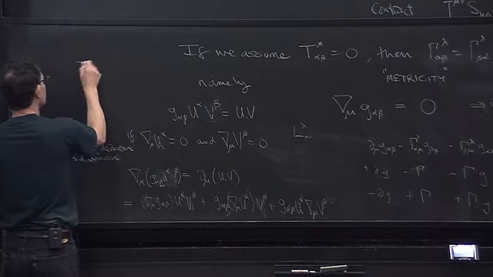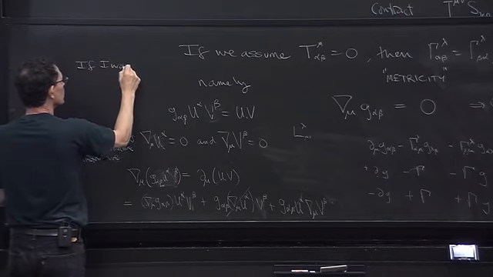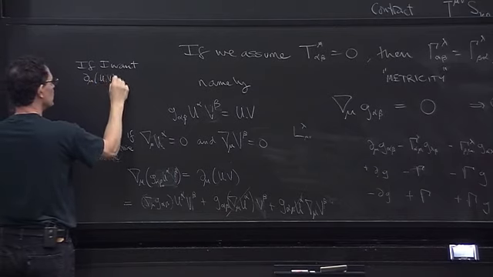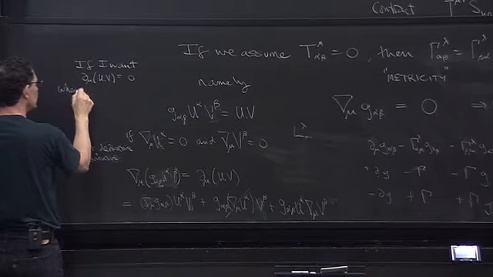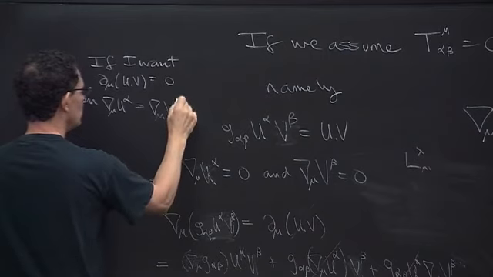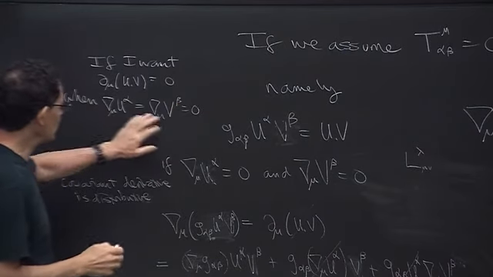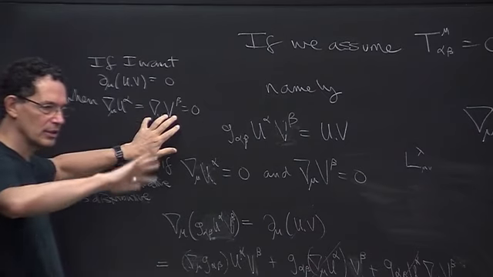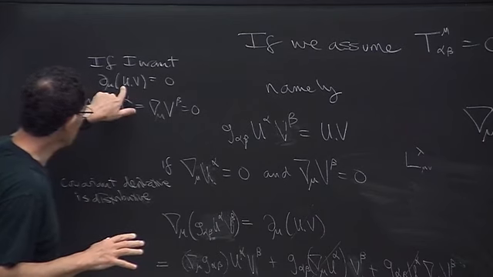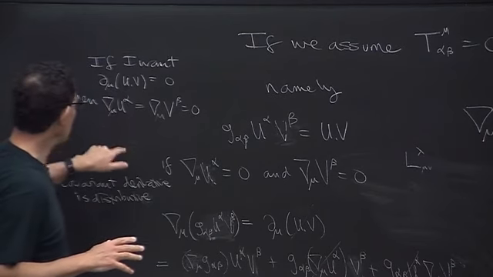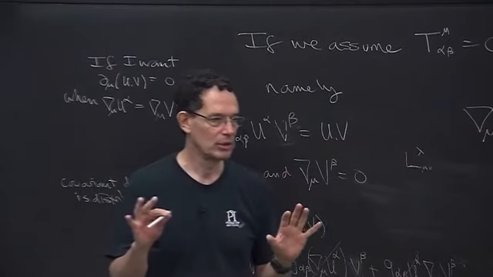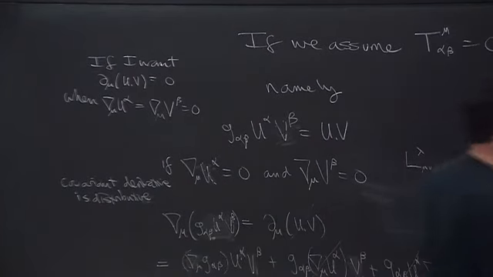So if I want U dot V to be 0 when d mu U alpha equals d mu V beta equals 0, so if I have some vectors which are covariantly constant in space-time, and I would like these conditions to imply this, then I must have that the metric derivative is 0. Okay, so it's only an assumption. It's a simplifying assumption.